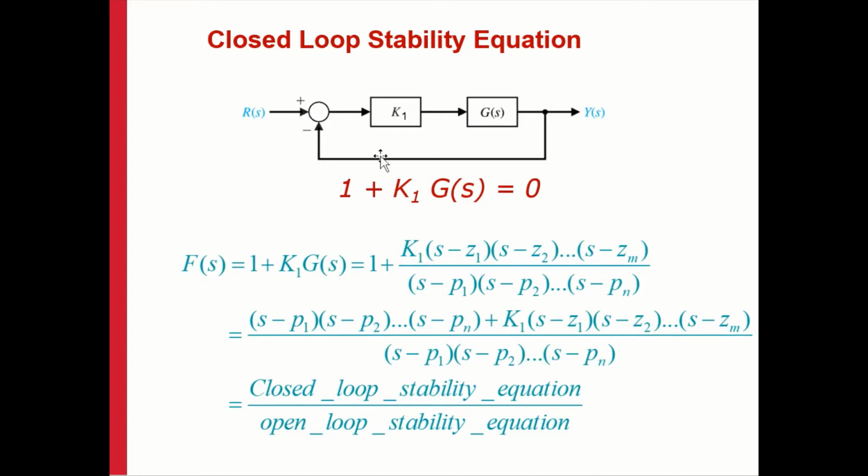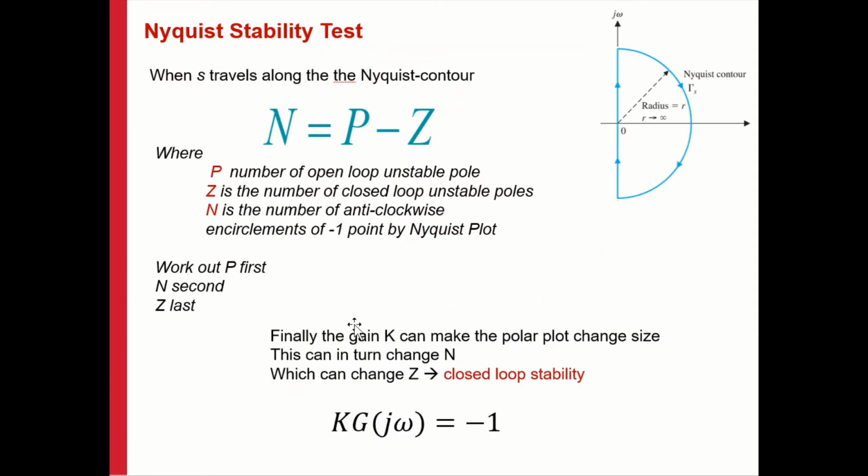So in the Nyquist stability theorem, we look at the ratio of the closed loop stability equation to the open loop stability equation. And on the basis of that, he comes up with this simple little formula for assessing stability, which is N is P minus Z. P is the first thing I always work out, the number of open loop unstable poles. Z is the number of closed loop unstable poles, and ideally we want Z to be 0, because if Z is 0, this closed loop system is stable.